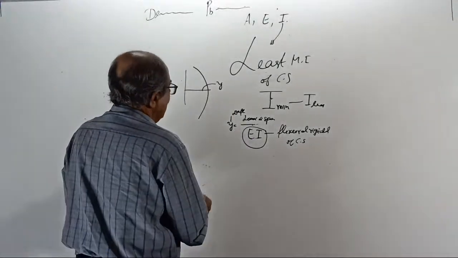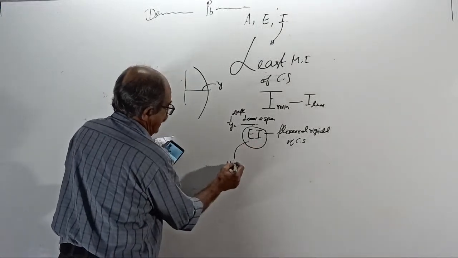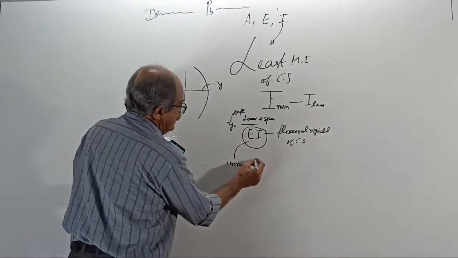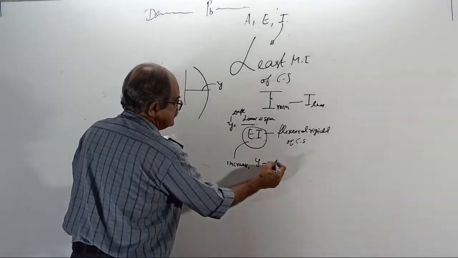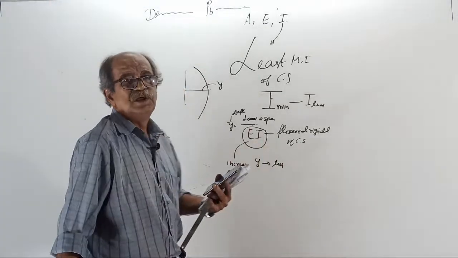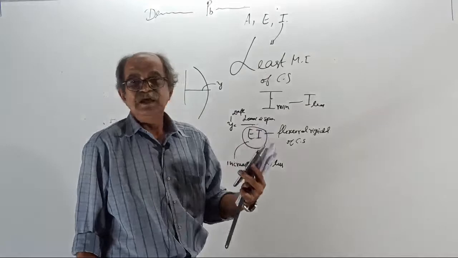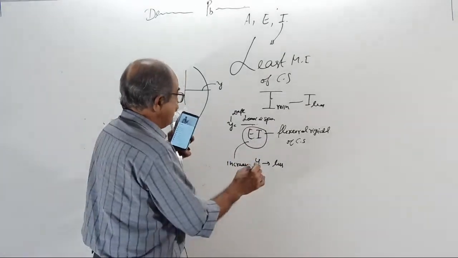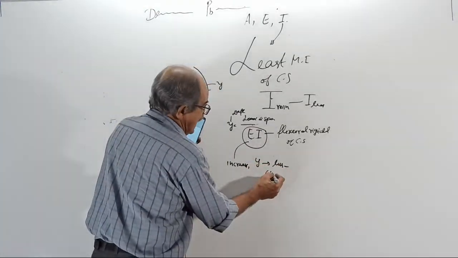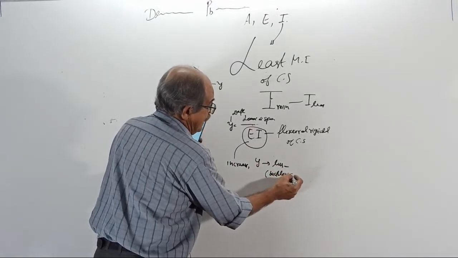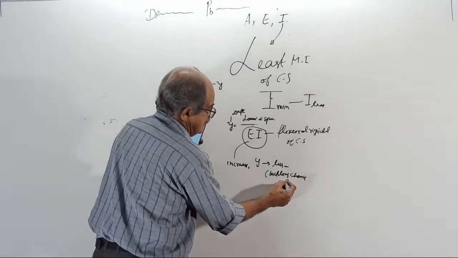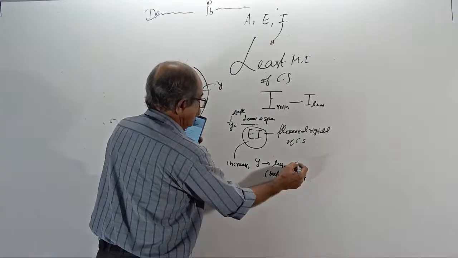See, as EI increases, deflection becomes less. Good or bad? Deflection is lesser, which means buckling chance is lesser. Good.